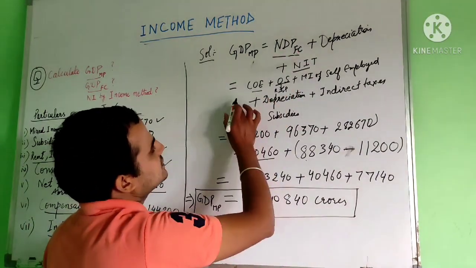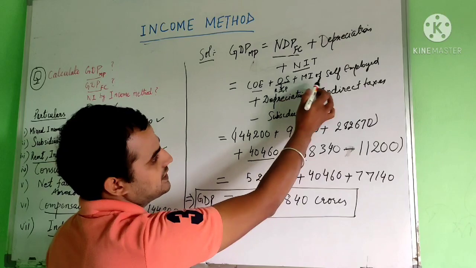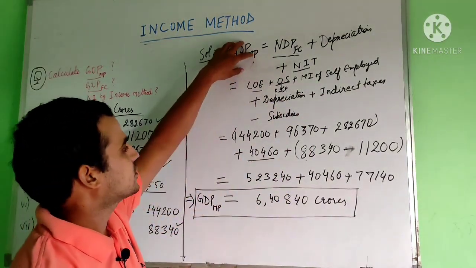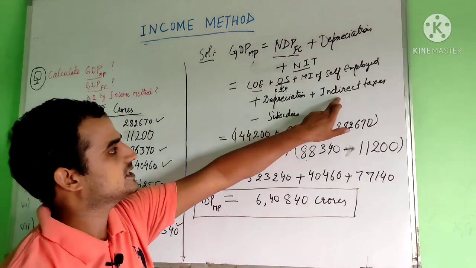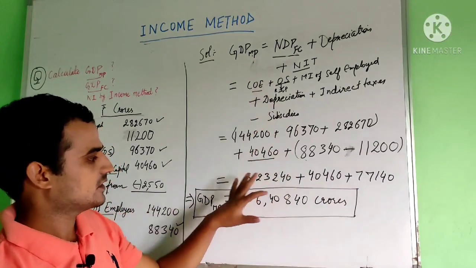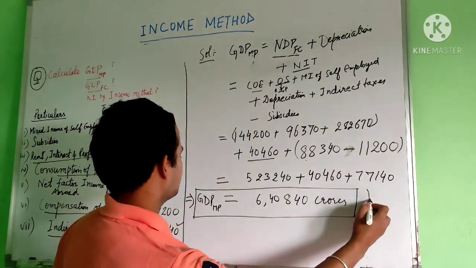NDP at factor cost is equal to compensation of employees plus operating surplus plus mixed income of self-employed. To reach the gross figure, we added depreciation and net indirect taxes, indirect taxes minus subsidies. By following this simple calculation, you reach GDP at market price.